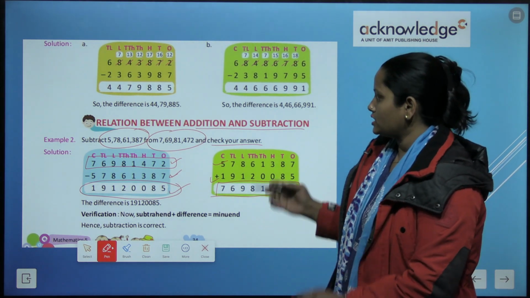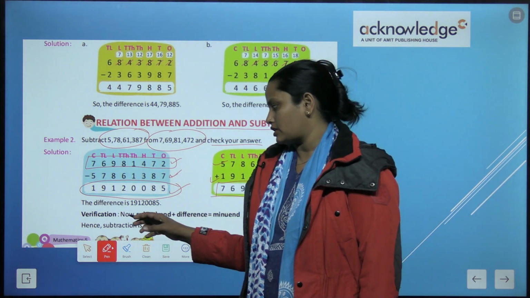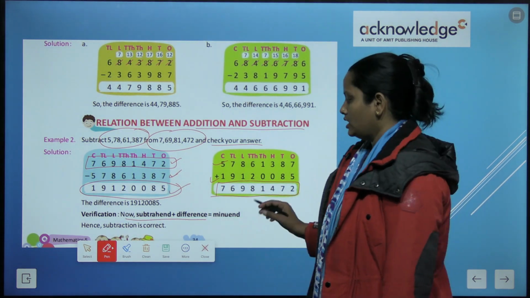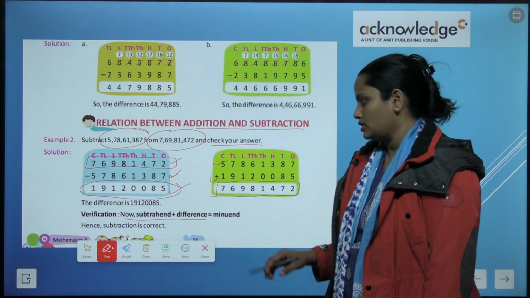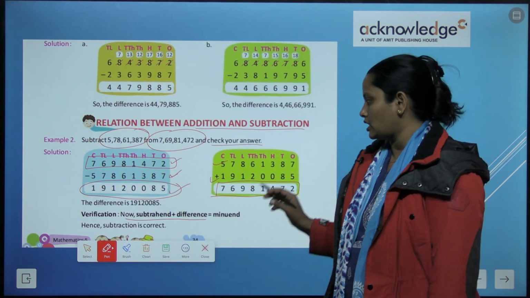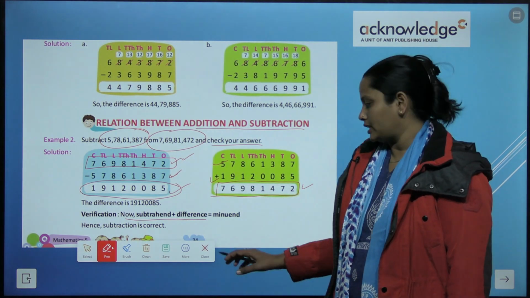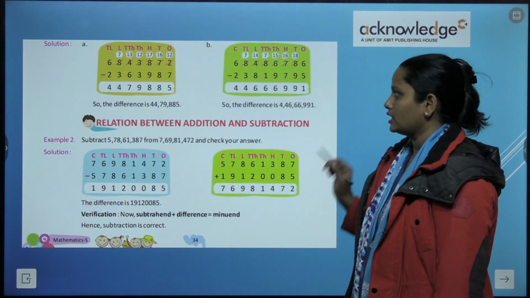So this is the relation between addition and subtraction. So here subtrahend plus difference is equal to minuend. Hence subtraction is correct. अगर ये same answer आता है इसके बराबर, इसका मतलब our calculation is correct.